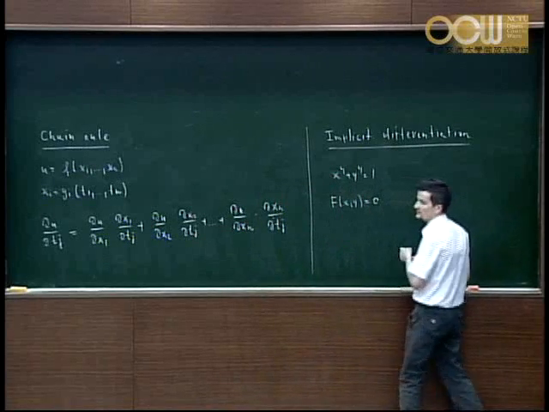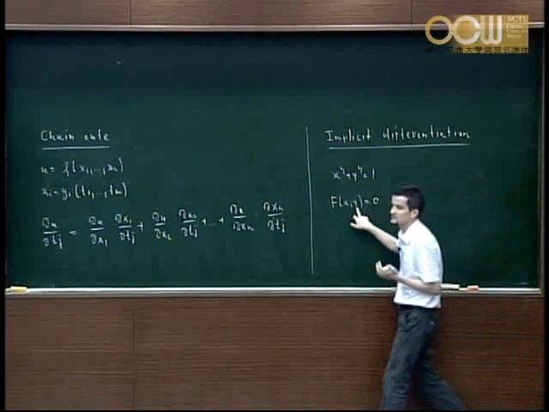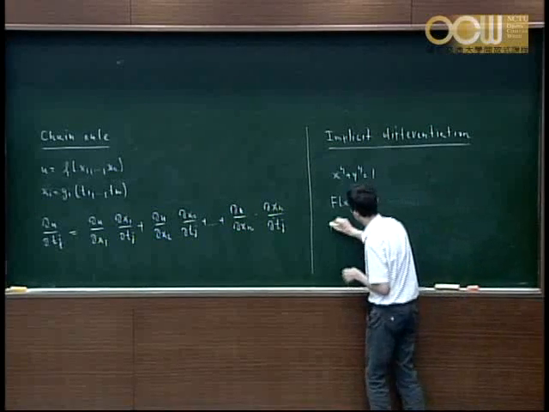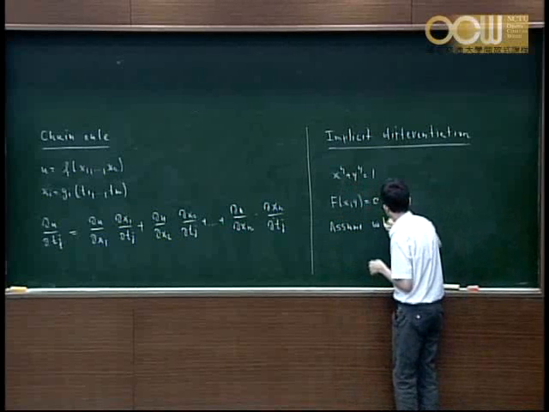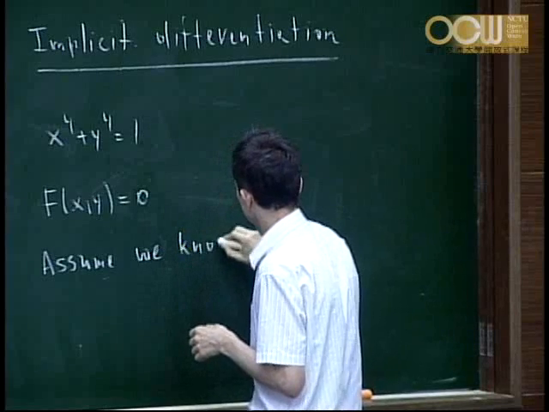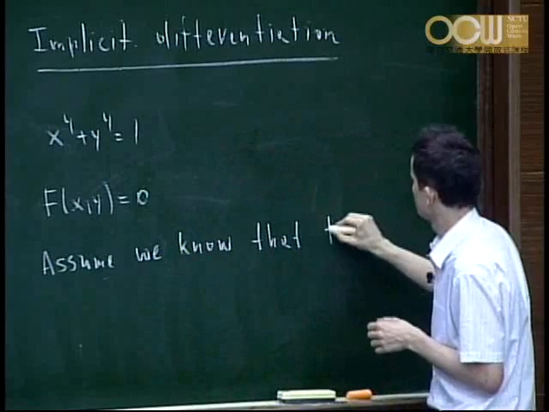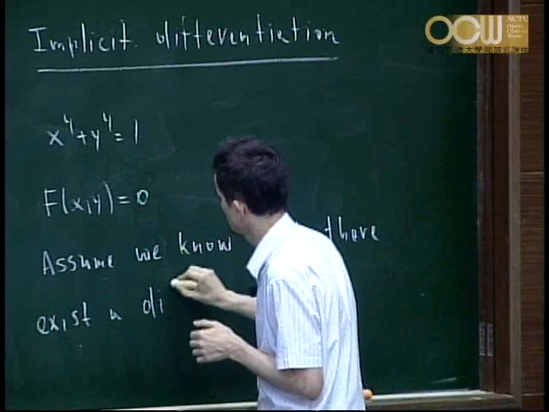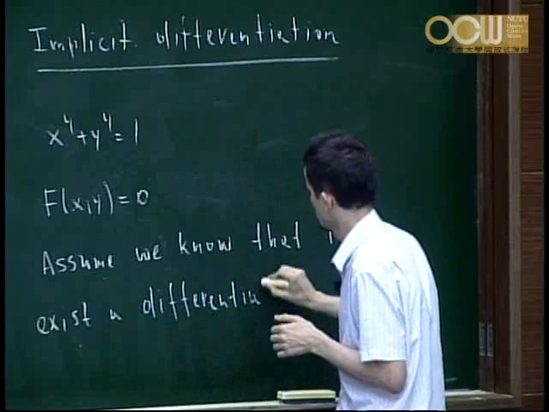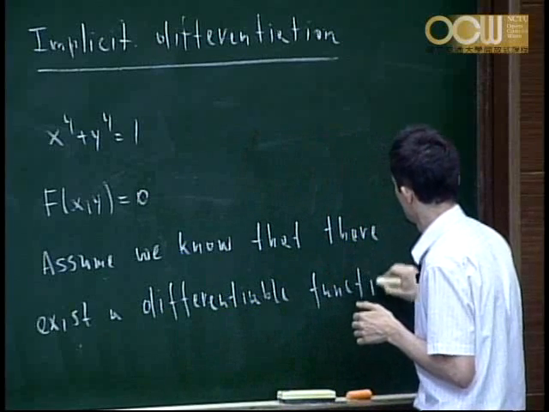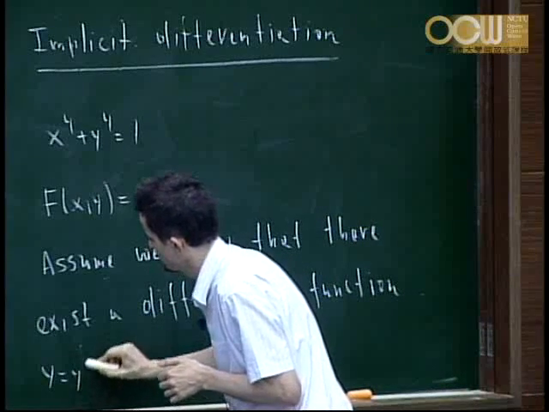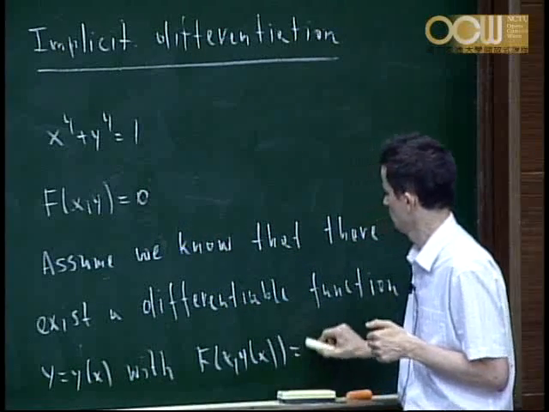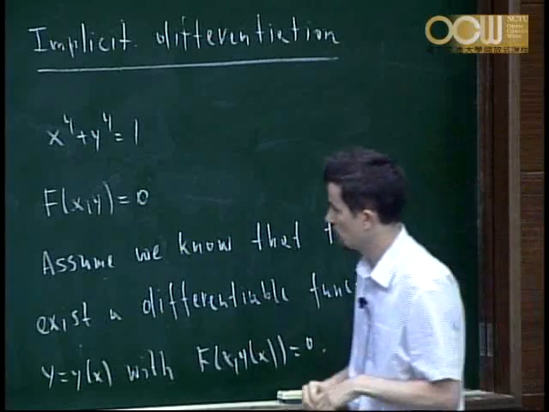Now, if you know already that there is a function y is equal to y of x which satisfies this equation, and y is differentiable, so assume we know that there exists a differentiable function y is equal to y of x with this property. Okay, so assume this. Assume we know this.